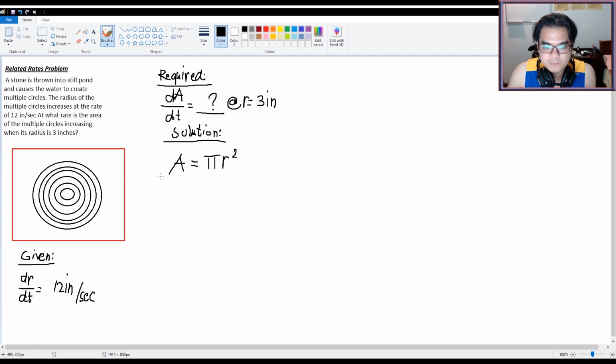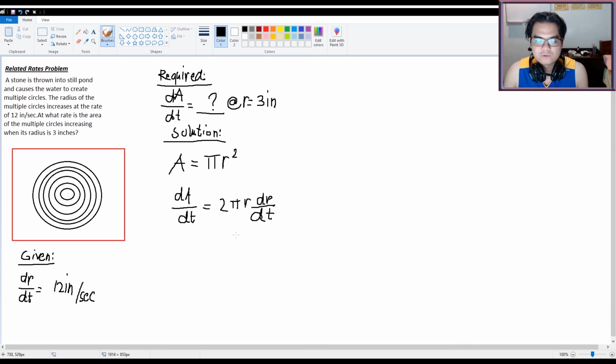Performing the first derivative, the derivative of A with respect to time, which is dA over dt, is equal to the derivative of this with respect to r, that is 2 pi r. Don't forget the dr over dt.